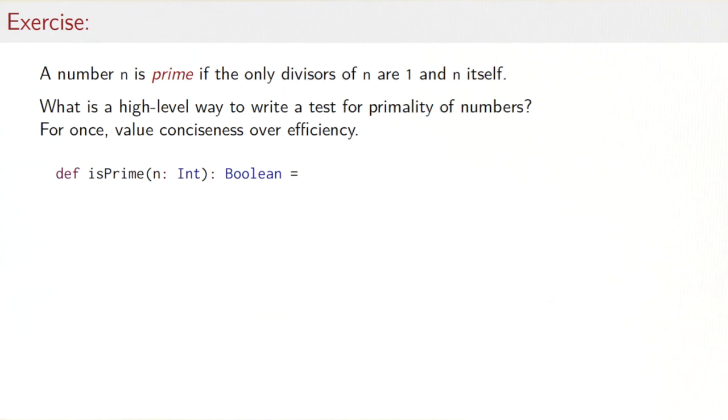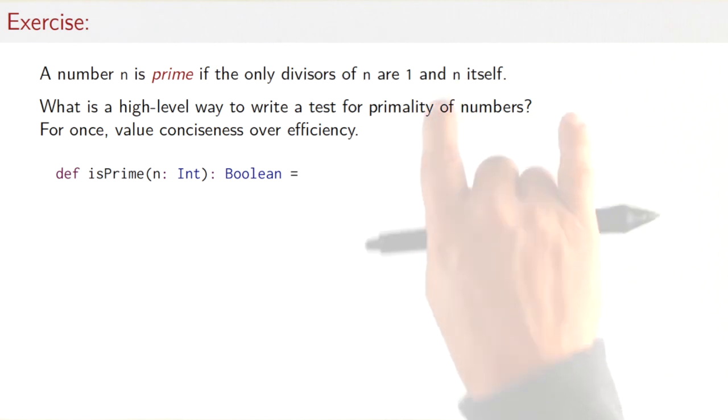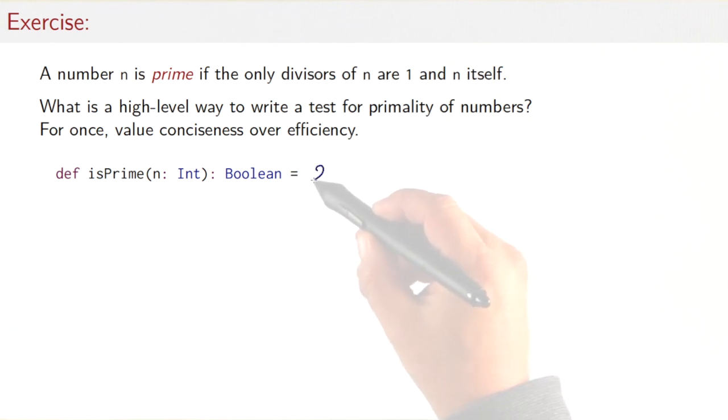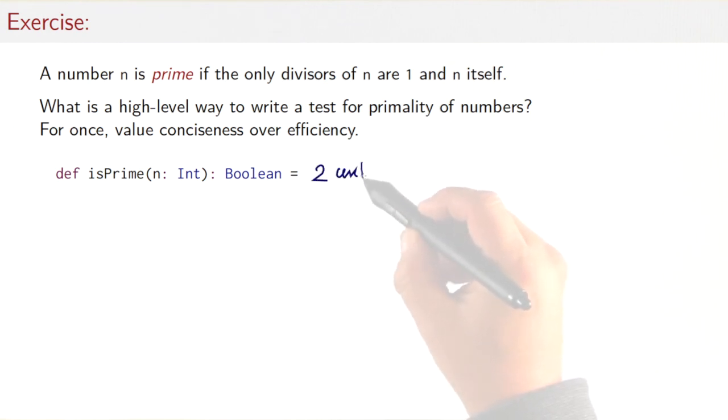So to answer that quiz, simply look at the mathematical definition and translate it directly into code. A number is prime if the only divisors of the number are 1 and the number itself. That means for all other numbers between 1 and n, that number is not a divisor of n. So let's just express that here. All other numbers between 1 and n, that would be the range 2 until n.